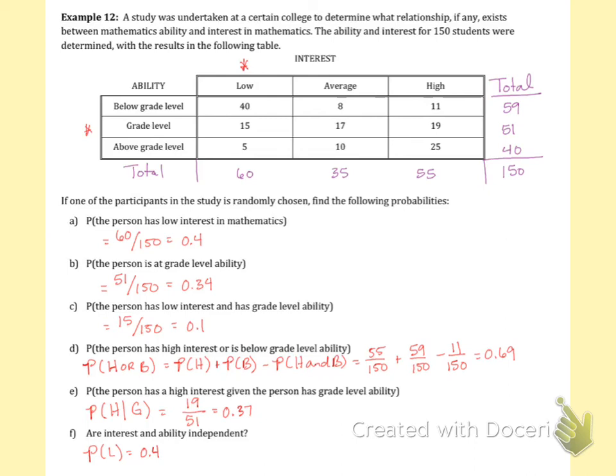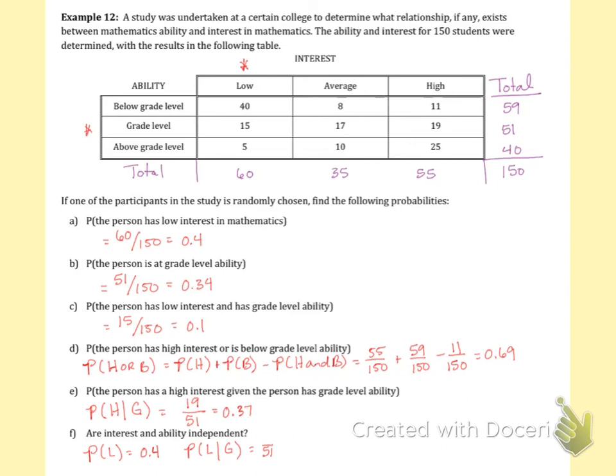And so now I want to see if grade level ability affects this probability. So I'm going to now look at the probability that they have low interest given that they have grade level ability. Well, if they're given grade level ability, that gives me a total of 51 students.